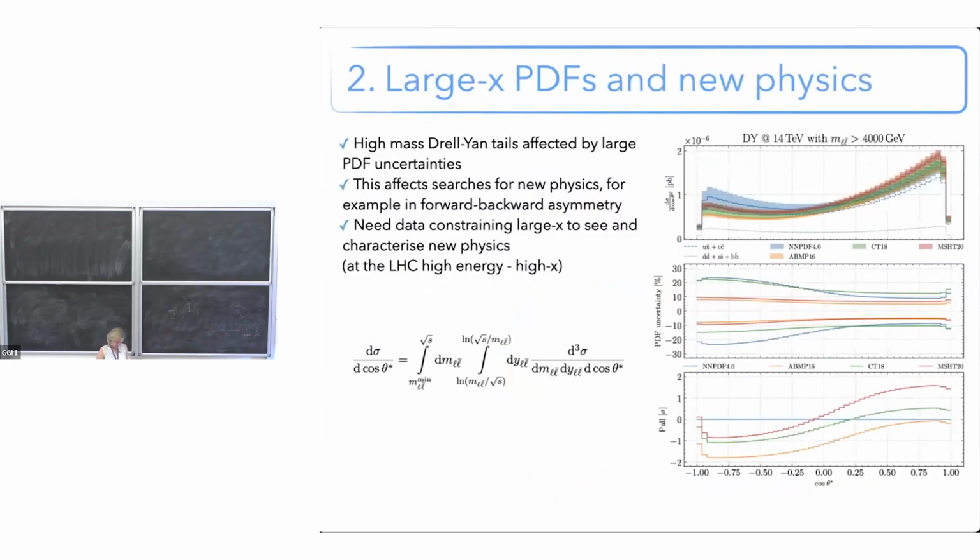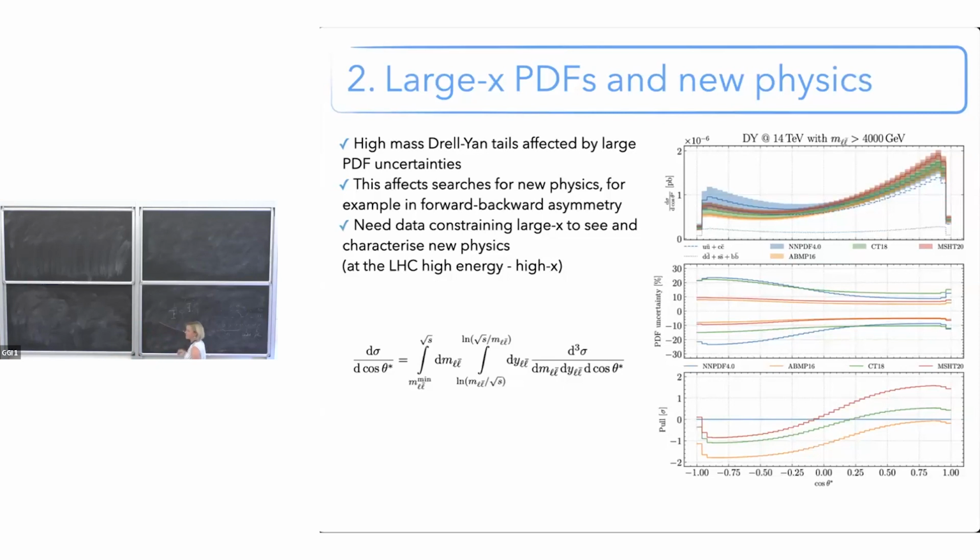The other thing which I learned recently, and what I showed you at the very beginning, is that because we don't know the large-x PDFs very well, the high-mass Drell-Yan tails, which are the ones where people look for deviations in the tail, are affected. Imagine that you have some distribution.